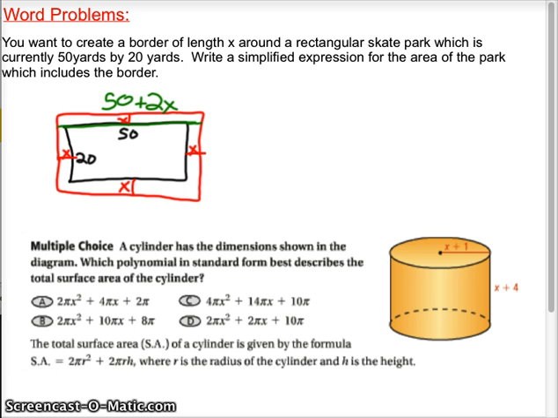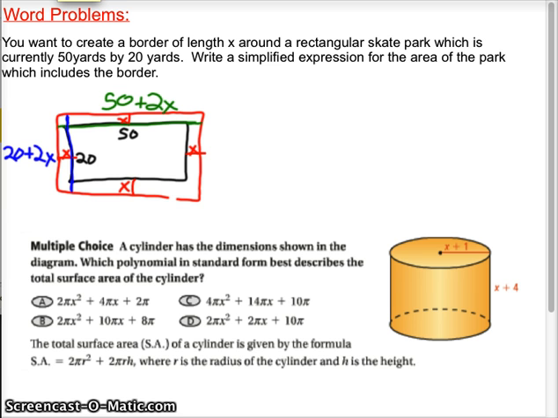What about the sides? Well, down the sides, you have that original 20 right there. Now you have x and x, so you have 20 plus, again, oh, I'm sorry, I'm writing that in the wrong place. You have 20 plus that same 2x because of the border.